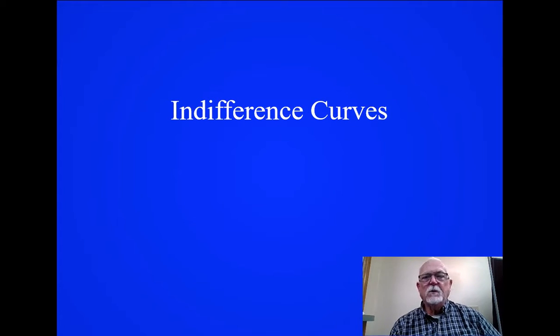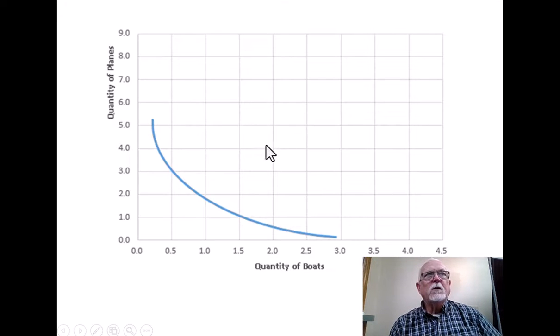Okay, now indifference curves. What we can do is think about, okay, if I were to offer you, let's say, 4 planes, and let's say you can have, these are kits and you can get parts of them. I know that's a little hard to see, but what combination of 4 planes and let's say this looks like it's about 0.35, 0.4 boats would you be indifferent to?